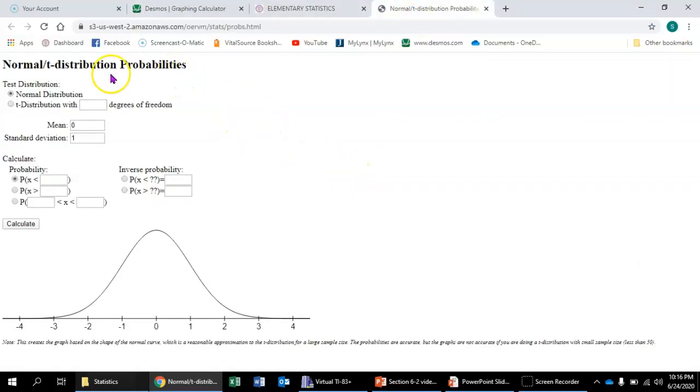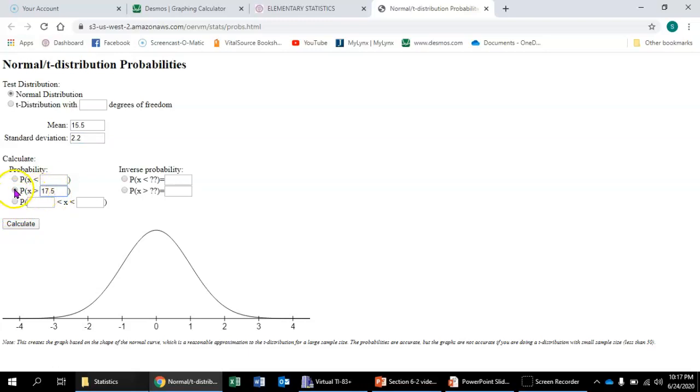There's also that online normal probability tool that I gave you a link to in Canvas. So if you want to use that, make sure normal distribution is selected. And we're going to put in the numbers for the mean and the standard deviation here. The mean was 15.5 and the standard deviation was 2.2. And we want the probability of x being greater than 17.5.